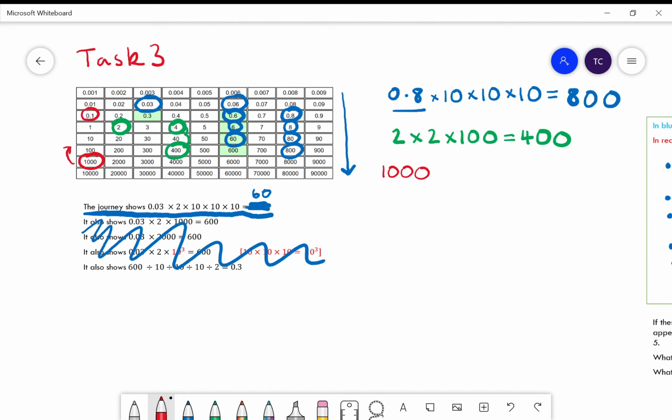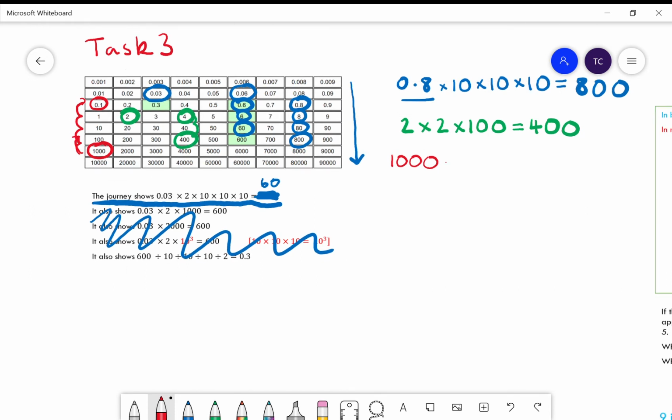First of all, if I go here and then here and then here and then here, if I'm going that way, I multiply by 10. So if I'm going the other way, I'll actually be dividing by 10. So I'll be dividing by 10, and I'm doing that 1, 2, 3, 4 times. So divide by 10, divide by 10, divide by 10, and divide by 10. So 4 times, and that gives me 0.1.